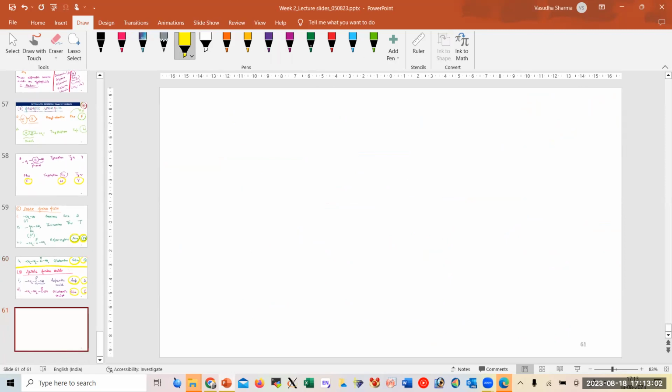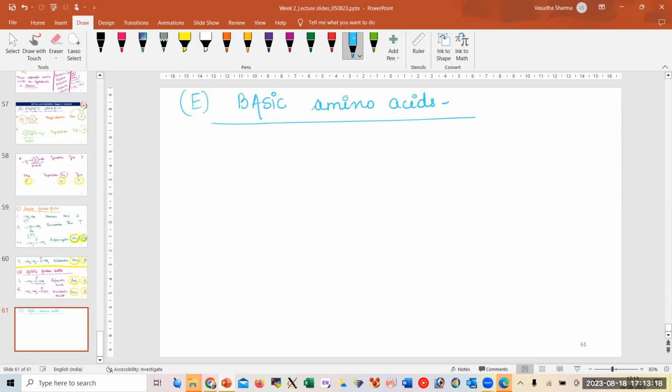Now we will see the basic amino acids. The first one that we have: since the acidic ones had the COOH group, the basic ones would have an additional NH2 group.